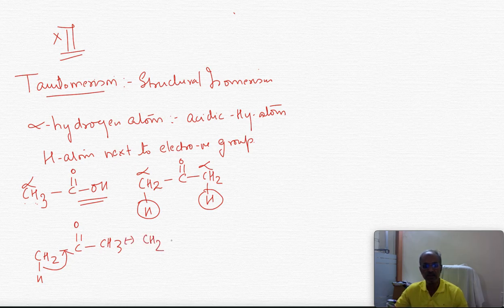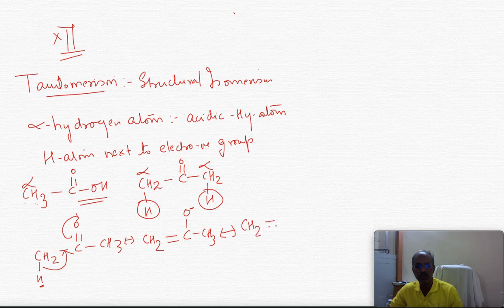This will be CH2 double bond C O minus CH3, because once it goes here, this has to go here, and immediately the hydrogen atom which is released will be absorbed by O minus. So it will be CH2 double bond C OH CH3.